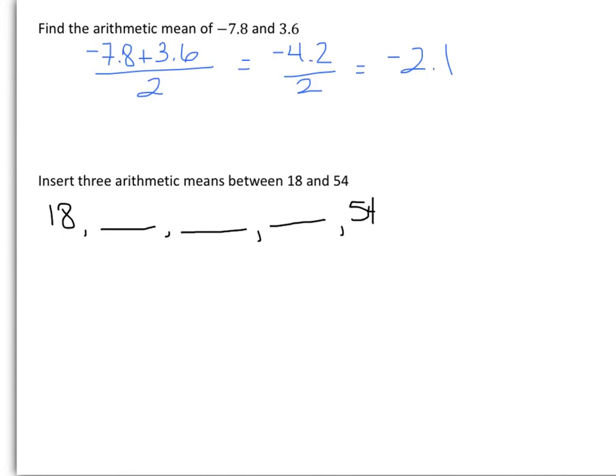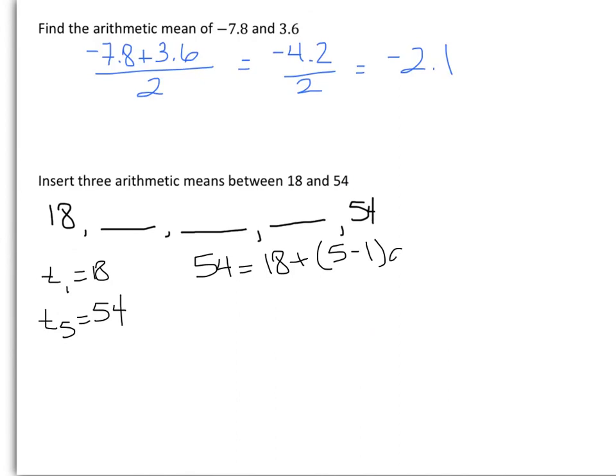So T sub 1 is 18, and T sub 5 is equal to 54. So I know that I've got 54 is equal to 18 plus 5 minus 1 times d. Okay, T sub n is equal to T sub 1 plus n minus 1 times d.